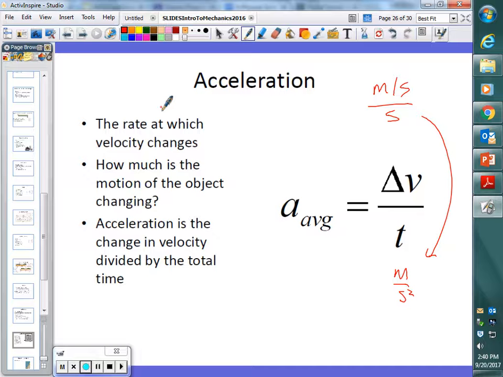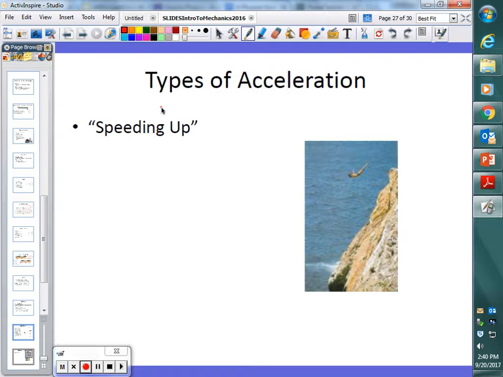So, the first thing we think of when we think of change in velocity most of the time is what? Well, what change in speed specifically? If I say something is accelerating, most people think of what? Going faster, right? Is going faster a change in velocity? Yeah. Sure it is, right? So that is one example of acceleration, when things speed up, all right?